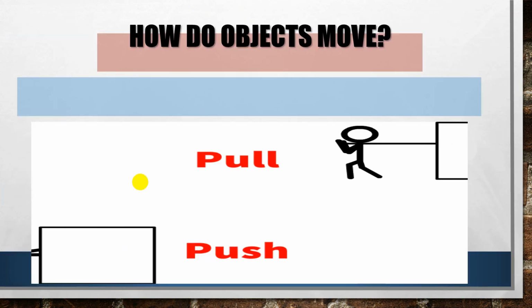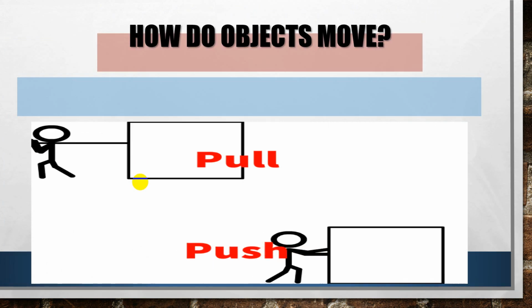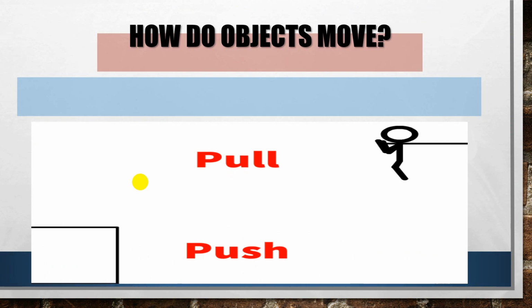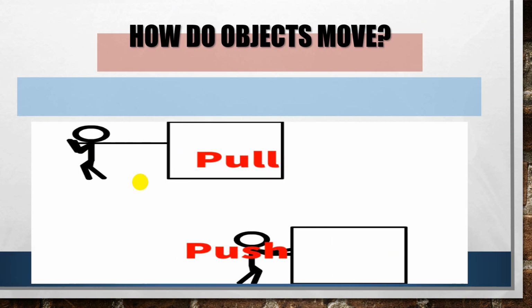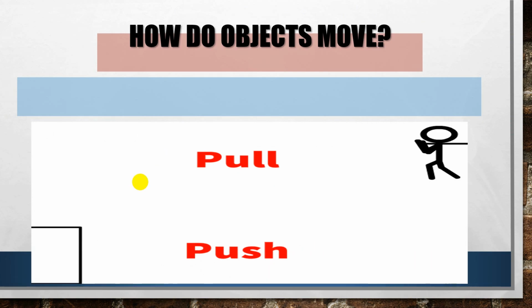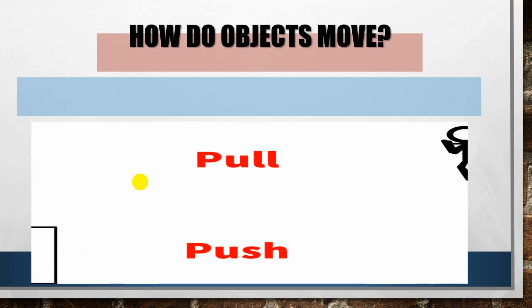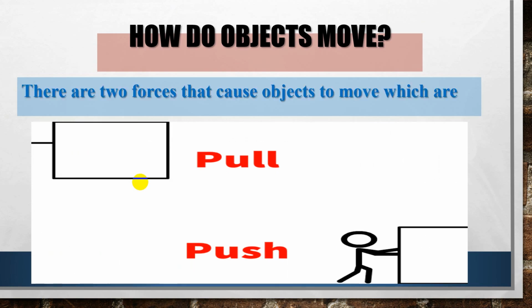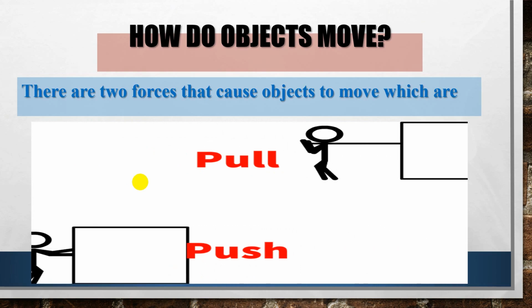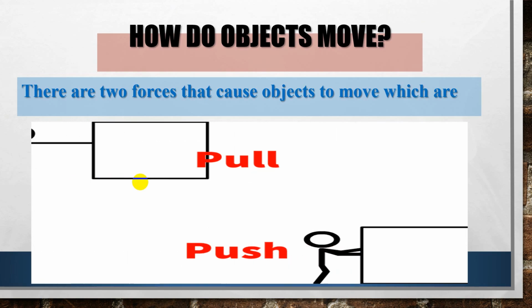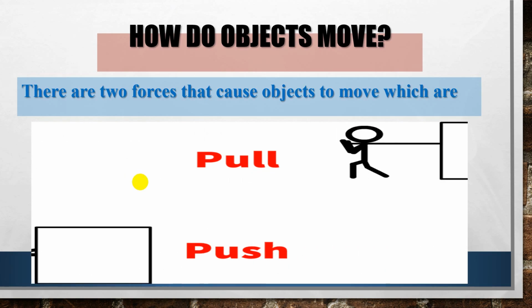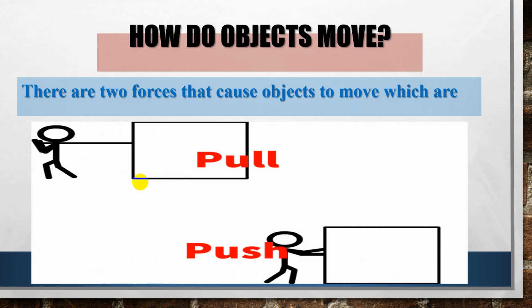So if you want to know how an object can move, actually we can say this. Objects can move by two kinds of forces, pull and push. So there are two forces that cause objects to move, which are pull and push.